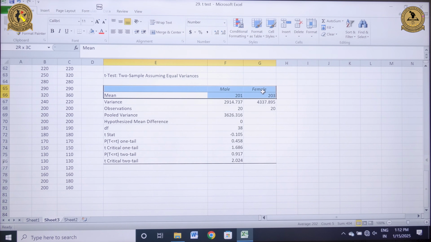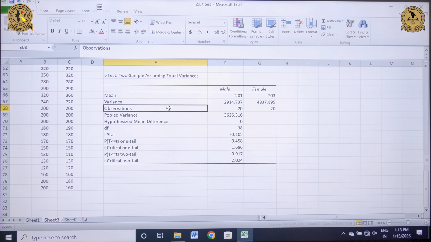So this is my output result of the two-sample t-test assuming equal variances. The mean of male IQ is 201, while for the female it is 203. The variance of male is 2914.73, while for female it is 4337. Number of observations is 20. Pooled variance is 3626.